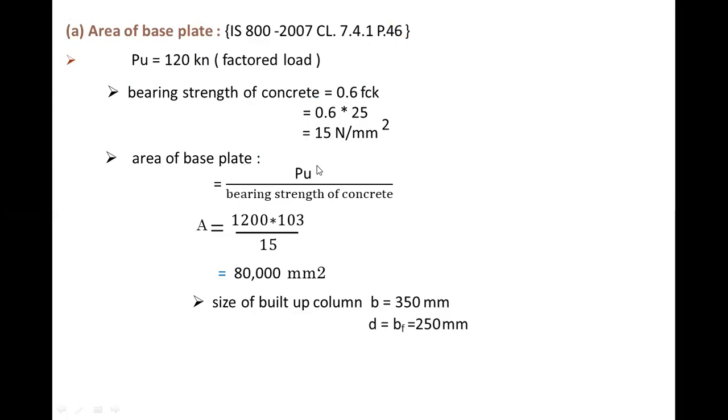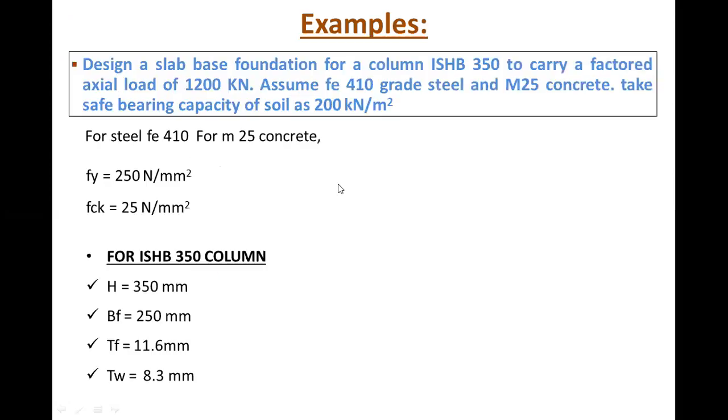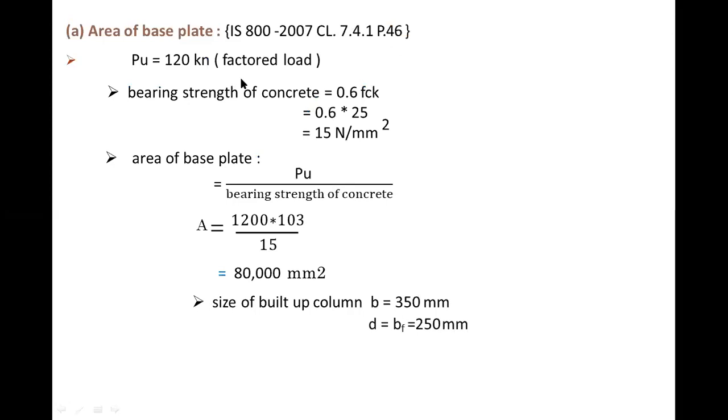It is given as load divided by the bearing strength of concrete. The factored load is 1200 kilonewton, converted into Newton it is 1200 multiplied by 10 to the power 3, divided by the bearing strength of concrete, which is 15 Newton per mm square.